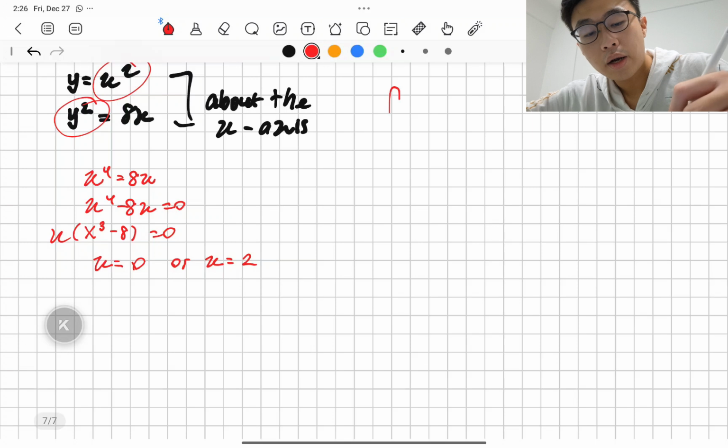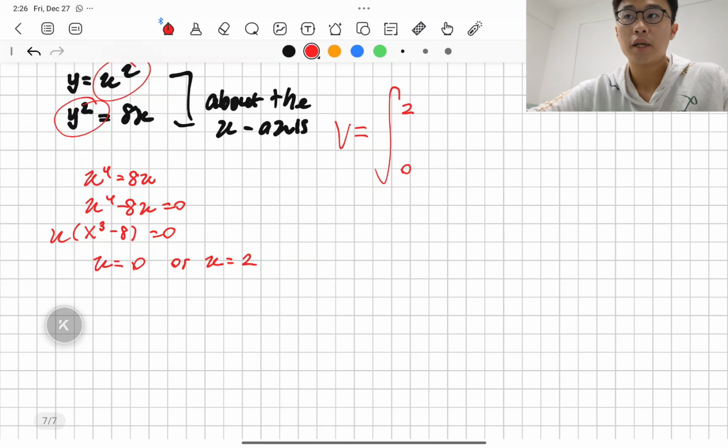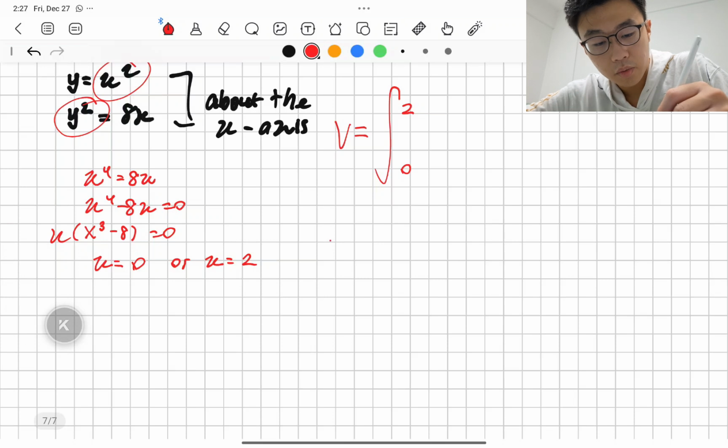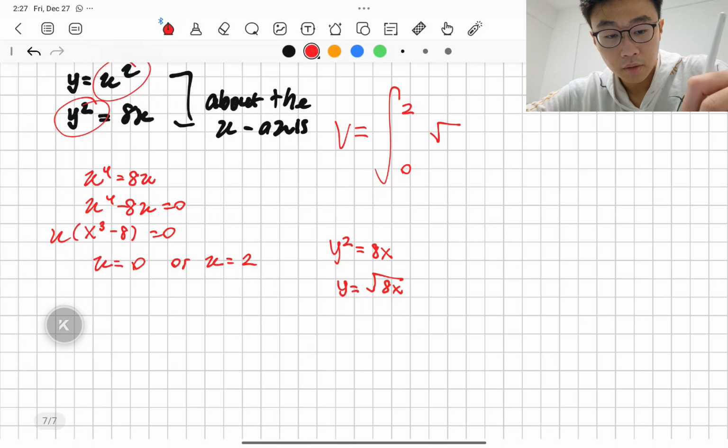So we will make the graph like this. The limits are 0 to 2. Now for the outer radius, it will be the square root of 8x, because y squared equals 8x. So the outer radius is the square root of 8x.